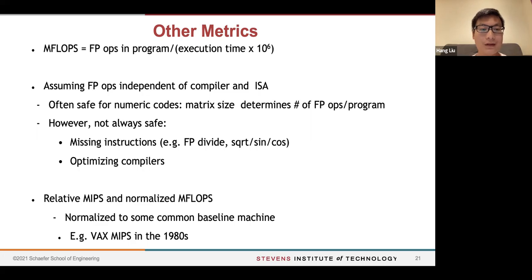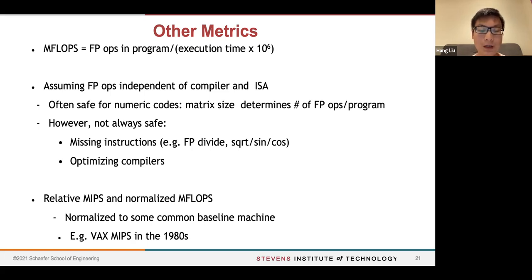However, it's not always safe, because for some compilers, you might miss some floating point division or special function units like sine, cosine. And also there are optimizing compilers that can reuse results from before, which I also did a couple of those kinds of optimizations before. So MFLOPS can also be problematic, right?